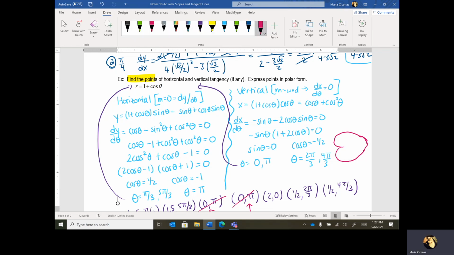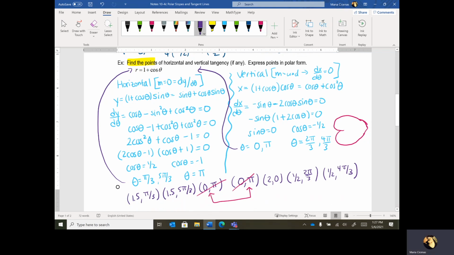All right, and where are these points at? Well, if we think about the horizontal points of tangency, 1.5, pi over 3 is probably right here. 1.5, 5 pi over 3 must be down here. Let's go to the vertical points of tangency that we know.